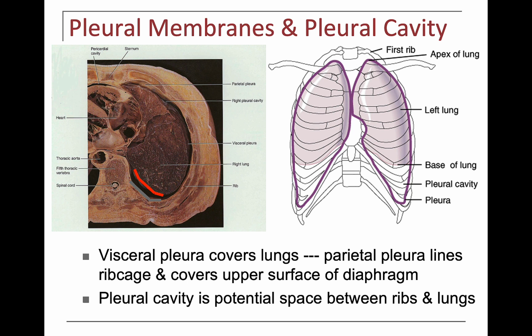The pressure in the intrapleural space is always going to be lower, and this creates a bit of a suction to help keep the lung inflated so that those areas kind of pull the lung out. So that's the space between the ribs and lungs. It does rise and fall with expiration and inspiration, but it does not equalize with atmospheric pressure. It's usually about 4 millimeters of mercury less than the pressure inside of the lungs, which creates that slight suction effect.